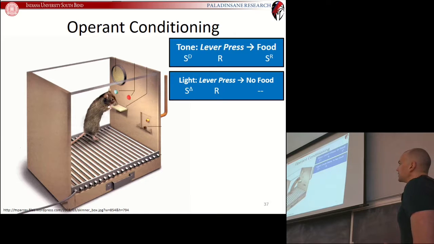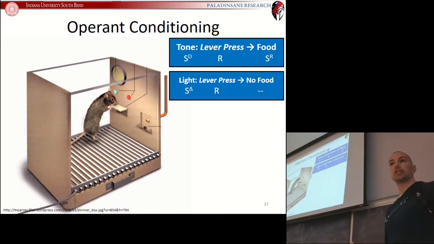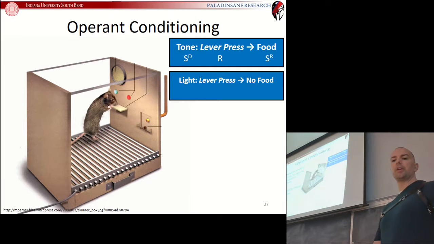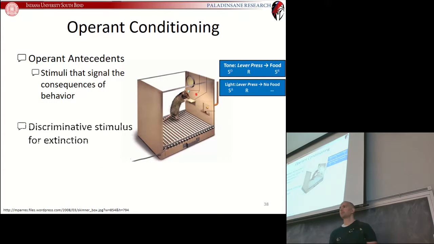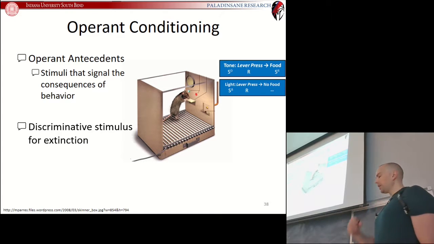That's an operant antecedent, and this is the discriminative stimulus for extinction. So in this case, it leads to no food. That's the discriminative stimulus for extinction, basically letting the rat know that you can press the bar all you want. Nothing is going to happen, so don't even bother.